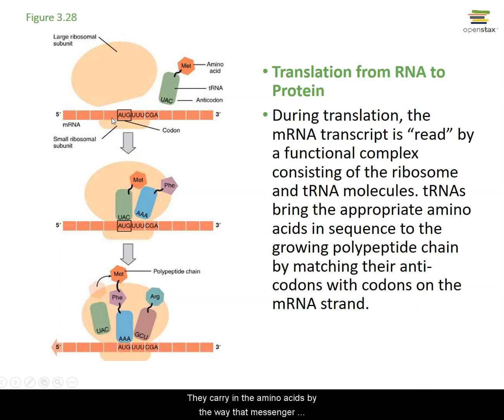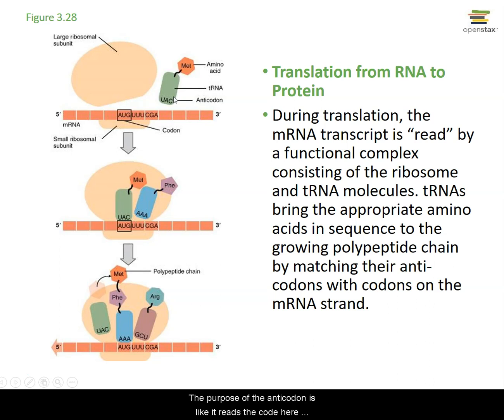By the way, that messenger RNA has attached to a ribosome, 2 units of this ribosome that is helping to move this messenger RNA along, and as it's moving along, then the transfer RNA is bringing in the anticodon to match up.